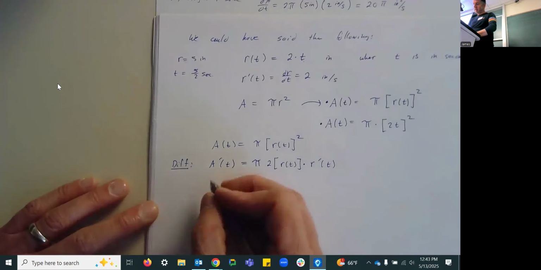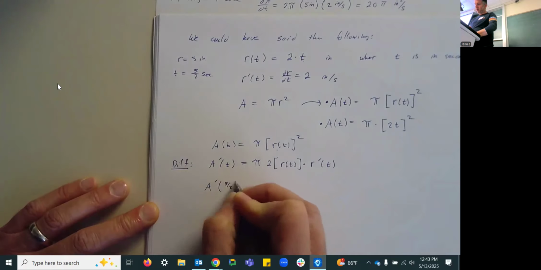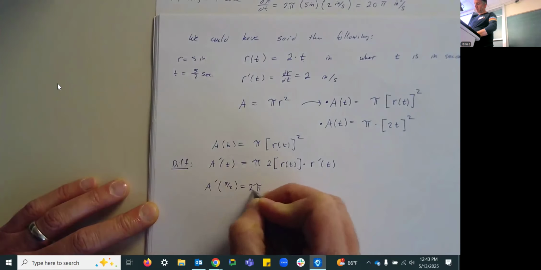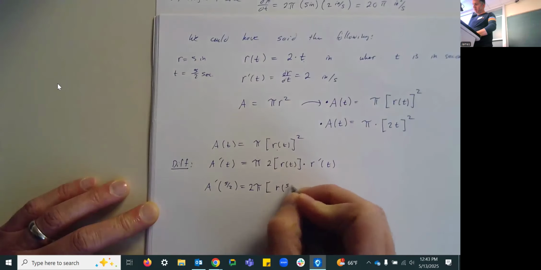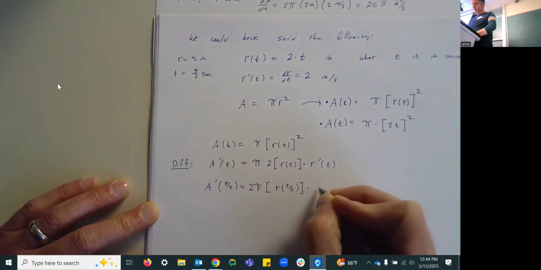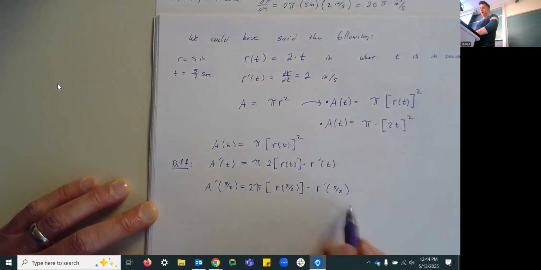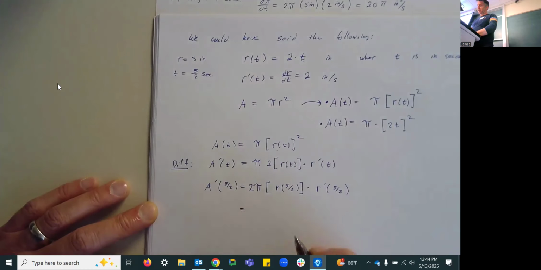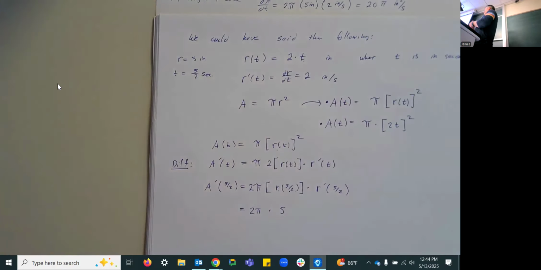So finding our derivative at that time, we're going to get pi times 2 times our radius at time 5/2 times our derivative at time 5/2. Which again, that's kind of weird to write, but it's fine. So let's see if this works out the same. If I plug in 5/2 for my time, my radius is going to be 2 times 5/2, which is 5, which shouldn't surprise us because we were told to figure out what's going on when the radius is 5 inches.